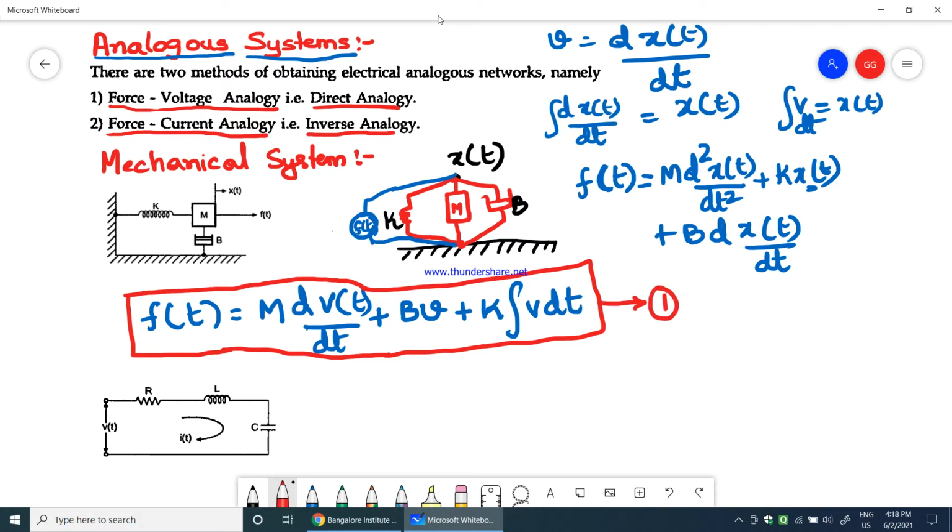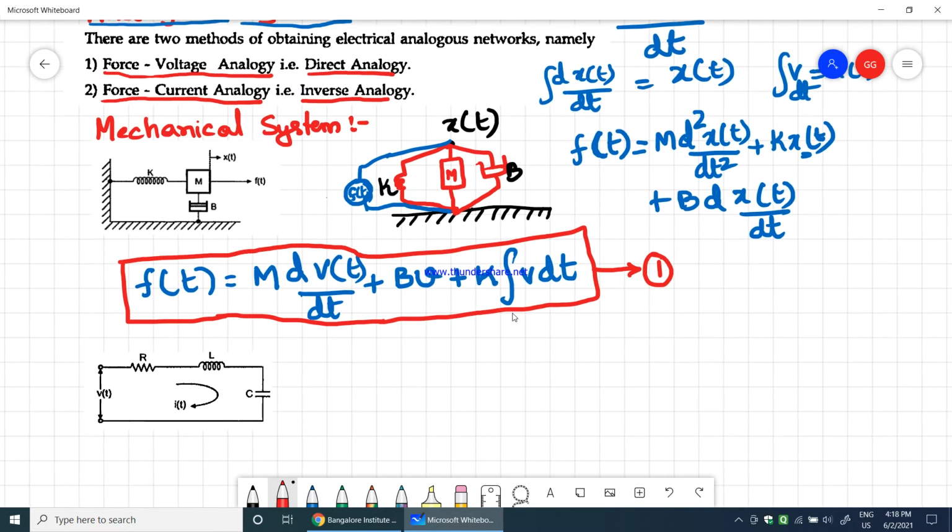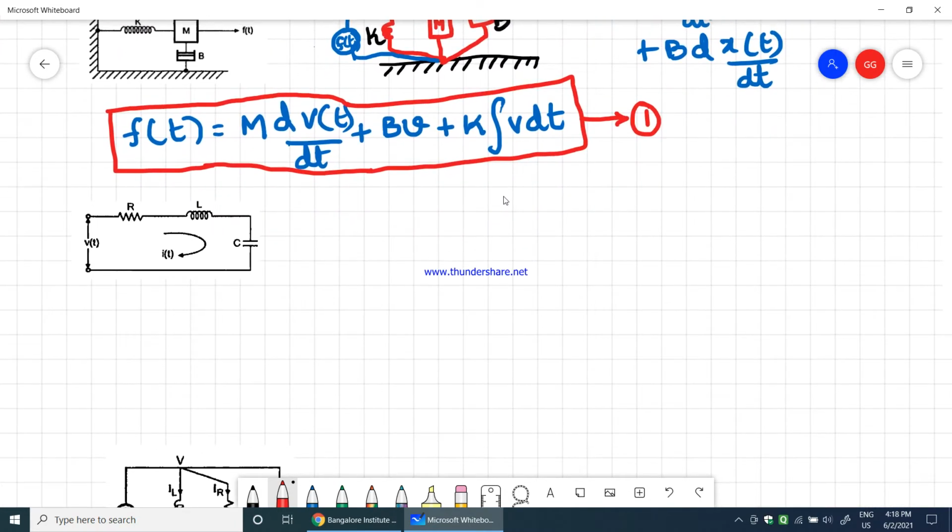Okay, let me take this as a first equation. Now let me write the equation for a simple electrical network, and then we'll see how to compare these equations.